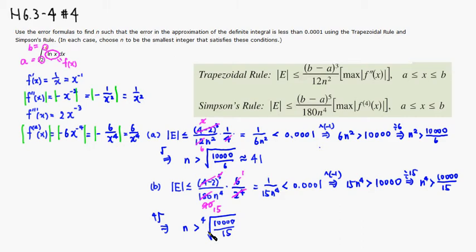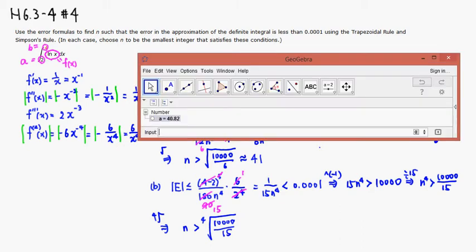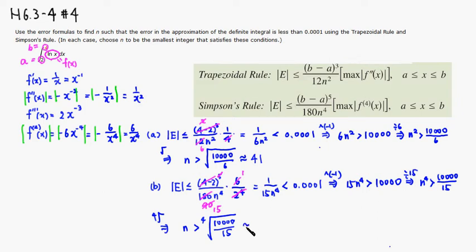Alright, so let's compute that: 10,000 divided by 15, raised to the 1/4 power. It came out to be 5.8, so it's going to be about 6. And it has to be an even number, and greater than the number.